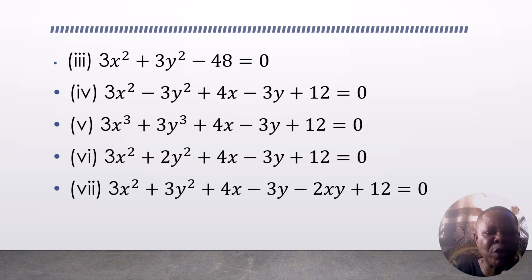This is also not a circle because of this term. You can see there is a term involving the product of x and y. So this is not a circle.